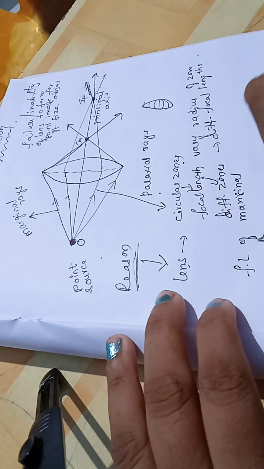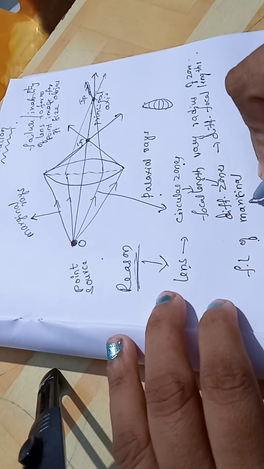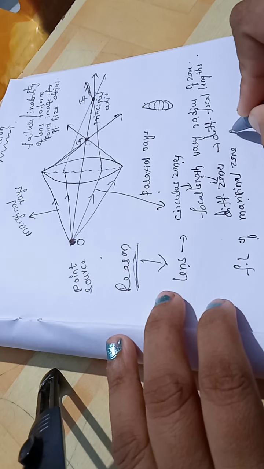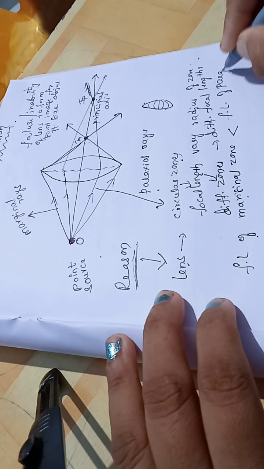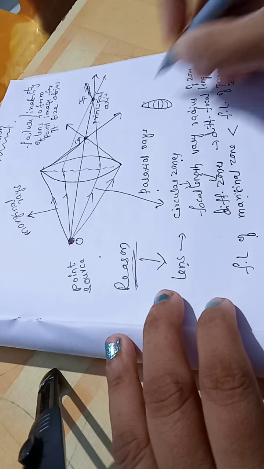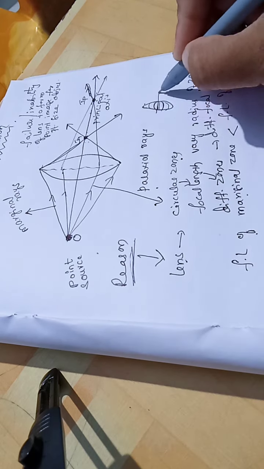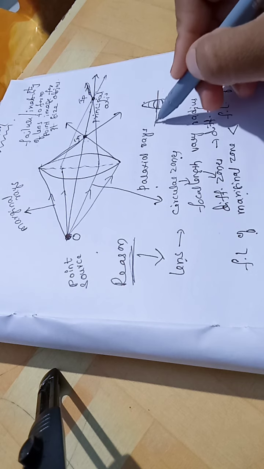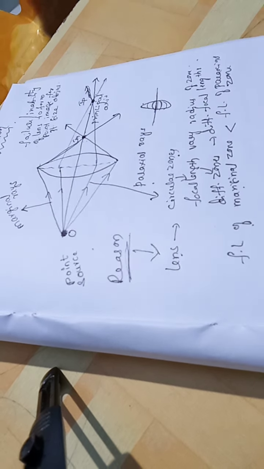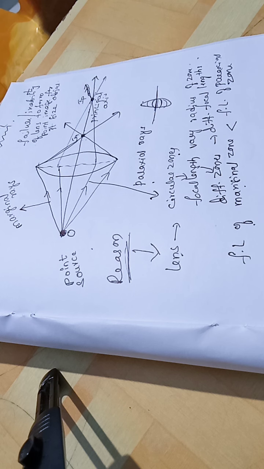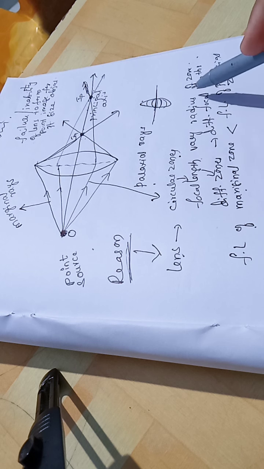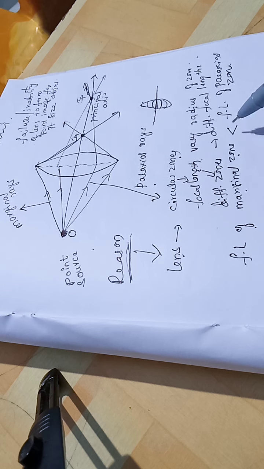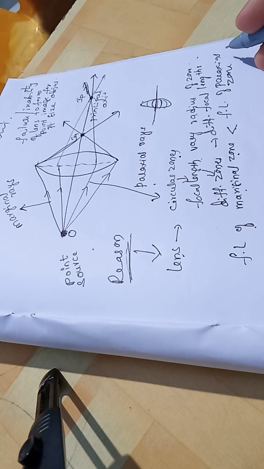The circular zones nearer to the axis we call paraxial zones. Mathematically it is proved that the focal length changes with the radius of the zone. So the focal length of the marginal zone will be less than the focal length of the paraxial zone.